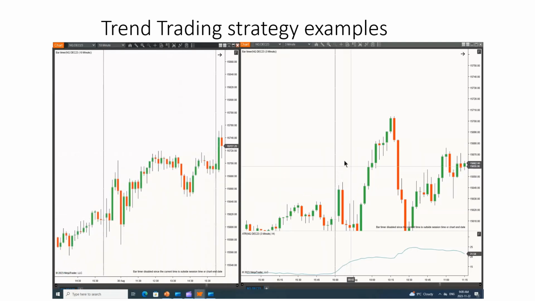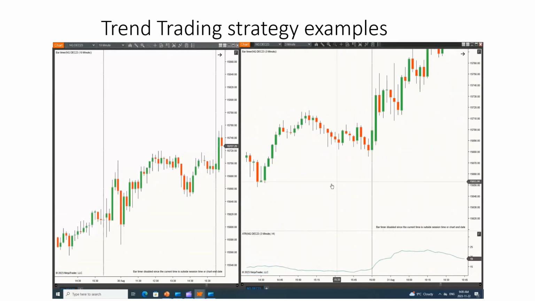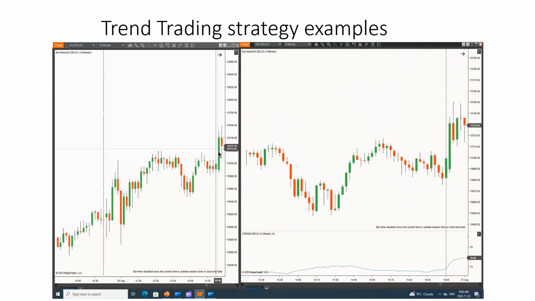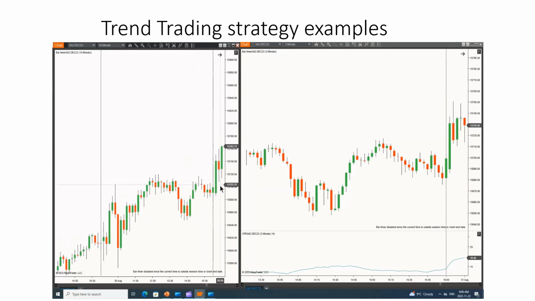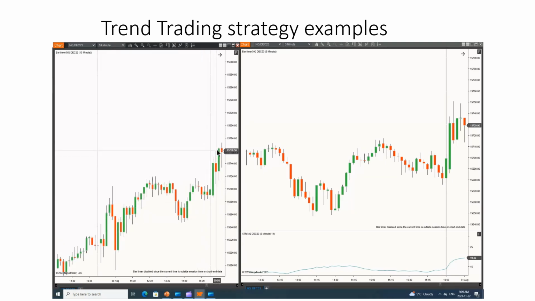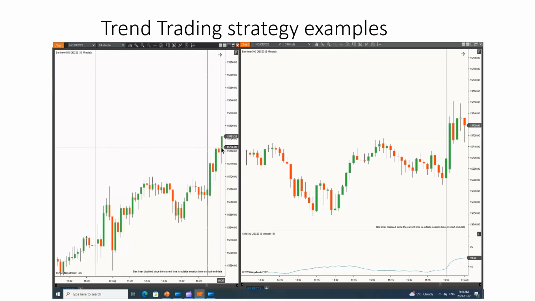Okay, let's look at this day. Okay, this is the first candle close. 9:40 is green, 9:50 is red, 10 is green. We need one more candle to determine the trend. Oh no, the market is in a range. The market is still in a range because green red.